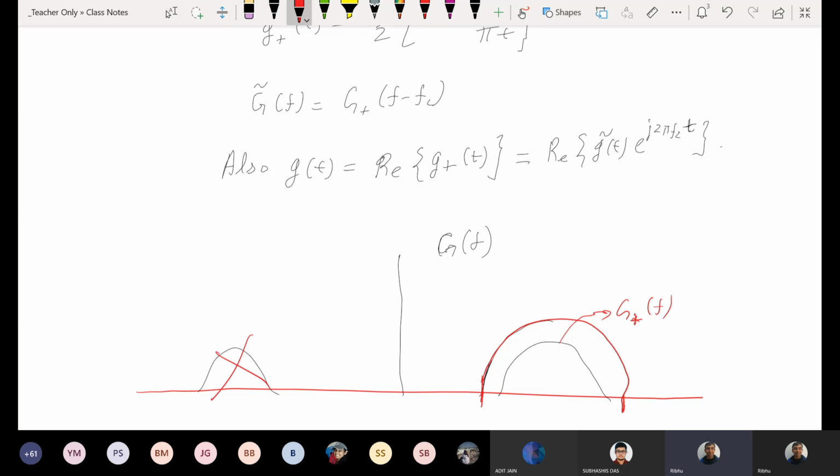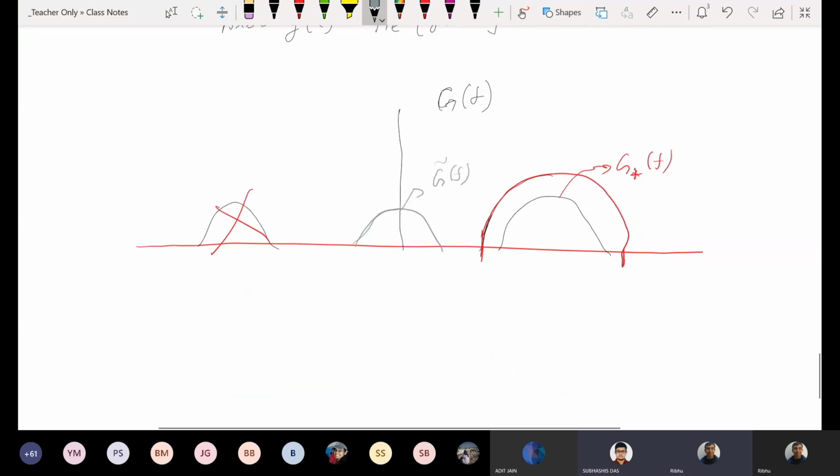And if I look at this, this is G tilde F, right? So G tilde F equals G of G plus F minus FC.